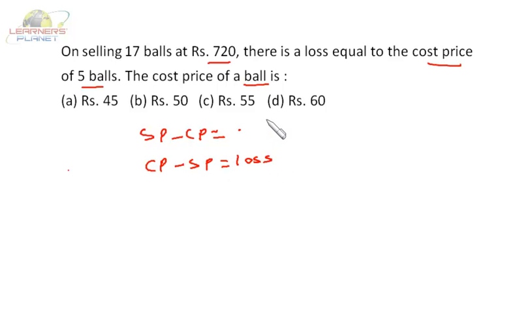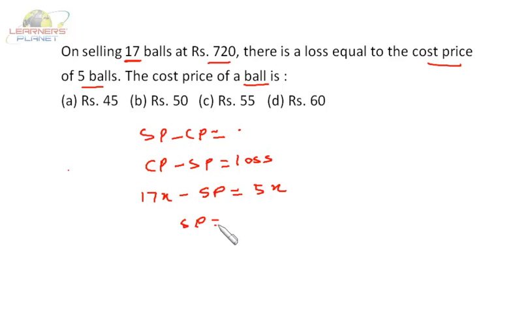Now let's assume the cost price of one ball is X rupees. That means the cost price for 17 balls will be 17x. And what is loss? The loss is equal to cost price of 5 balls. And what is the cost price of 5 balls? It is 5x.